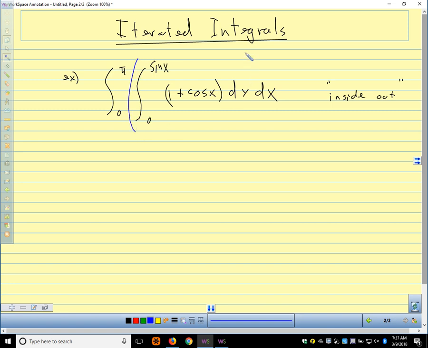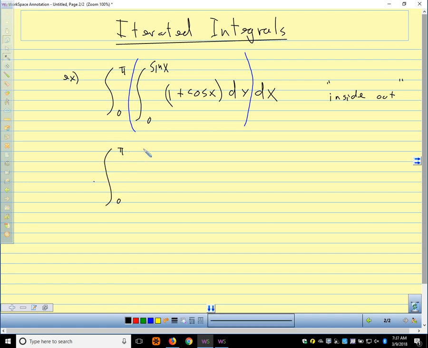So we're doing this integral first. What we're thinking of is the integral from 0 to pi of this integral dx. So we do the inside integral first, and then we do the outside integral. So here x is the variable, and y is the constant.